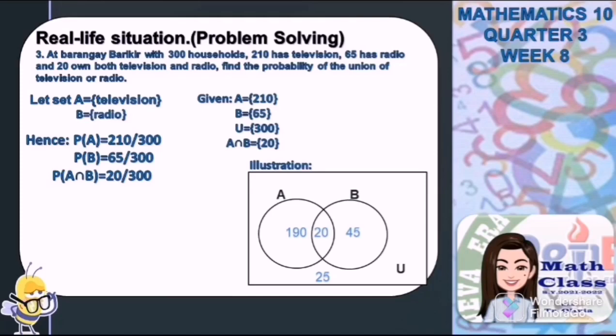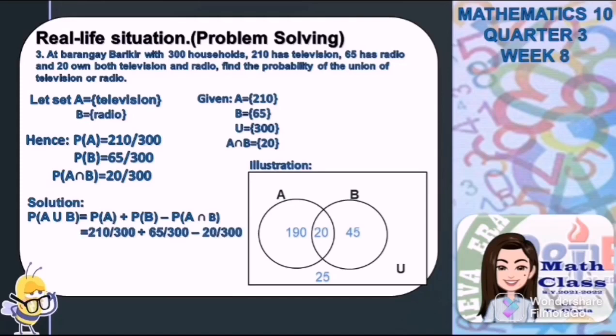So by substitution, probability of A union B is equal to probability of A plus probability of B minus probability of A intersection B. So instead of writing this, we're going to write the equivalent values. Probability of A, 210 over 300. Probability of B, 65 over 300, minus 20 over 300.